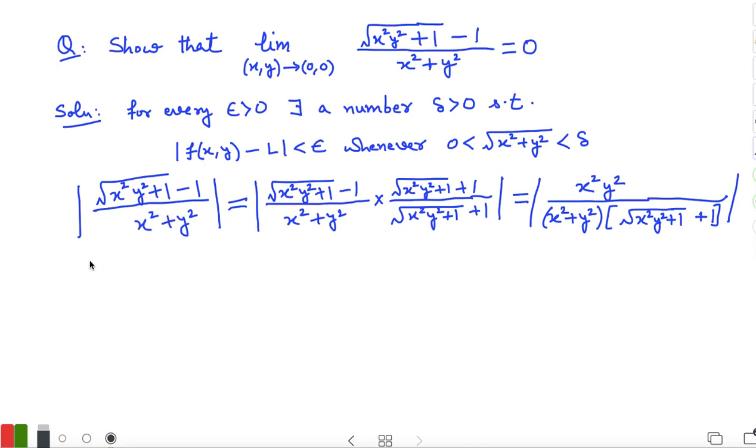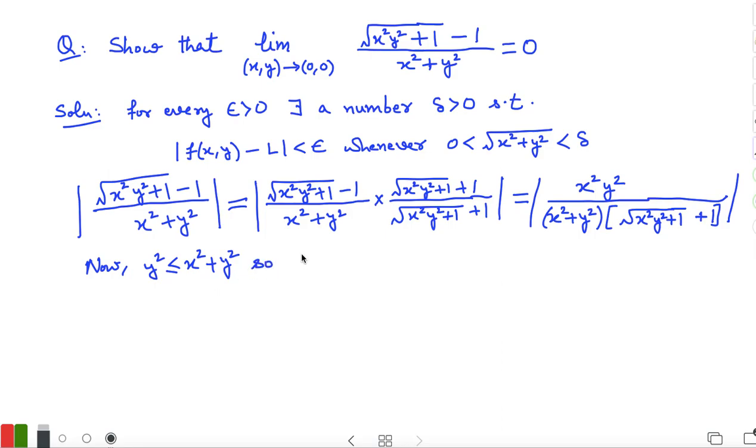Now we'll use the following. For every point (x, y) in the neighborhood of the origin, we can clearly see that y squared will always be less than or equal to x squared plus y squared. For any (x, y) in the neighborhood of the origin, this will be true.